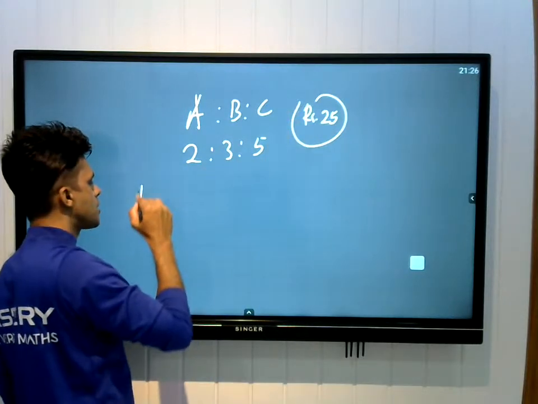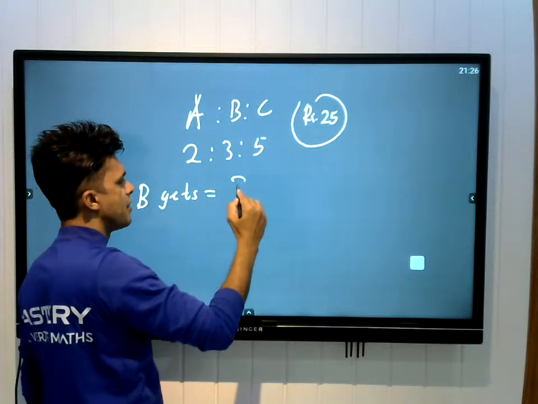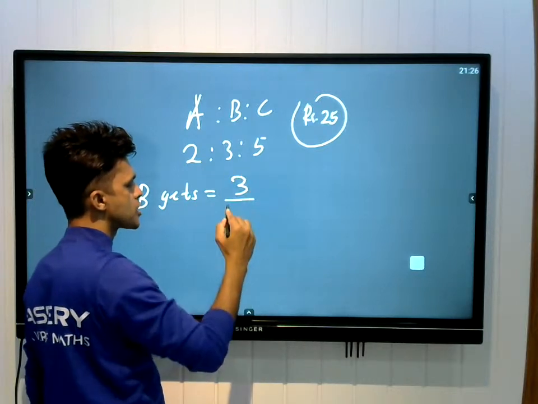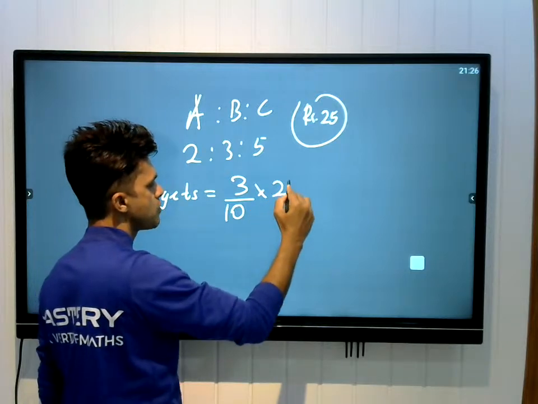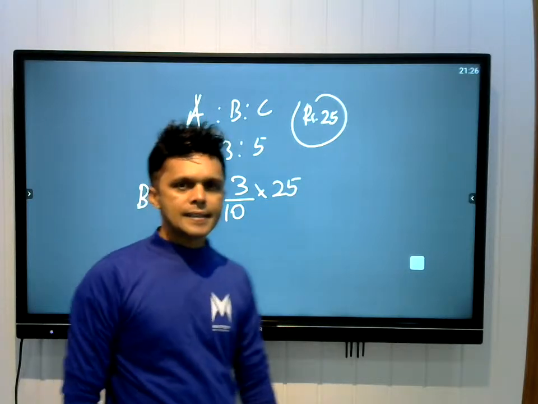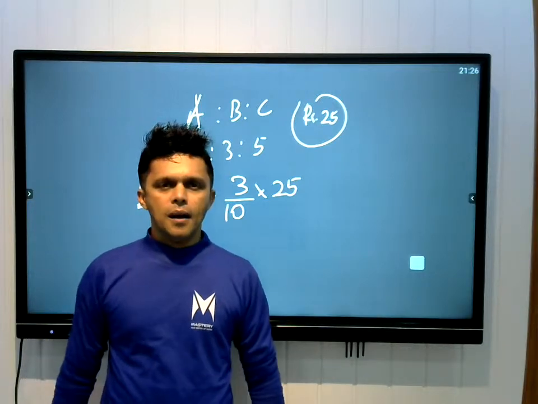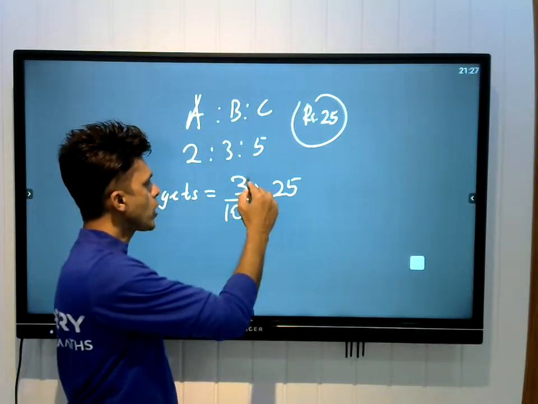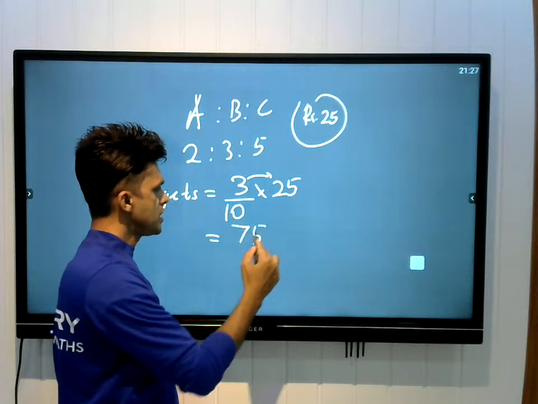So B gets, when it is divided, 2 plus 3, 5 plus 5, 10, B gets 3 rupees when 10 rupees is divided. You can multiply 3 and 25.